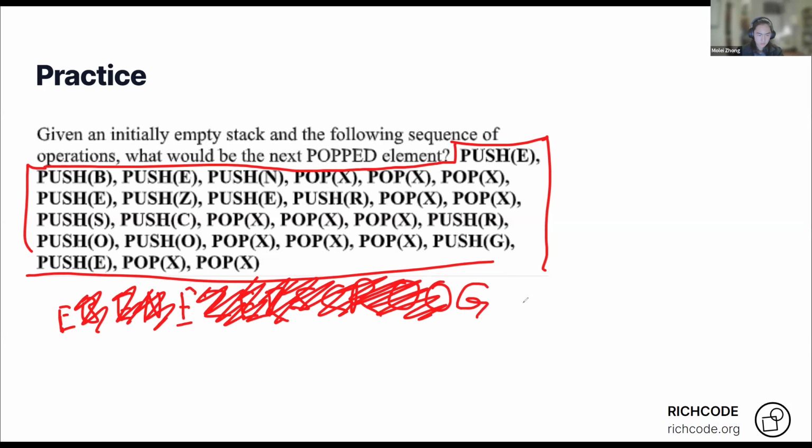We push G, E, and then we pop and we pop.